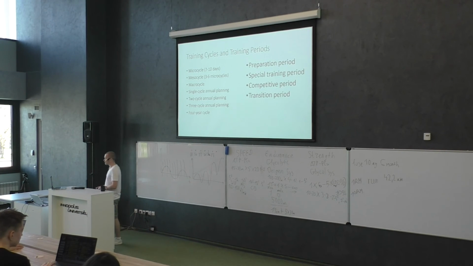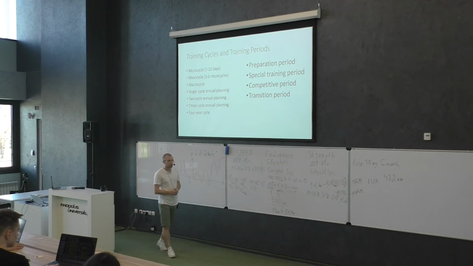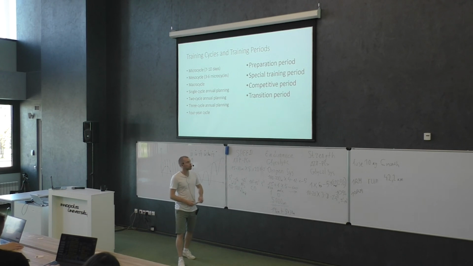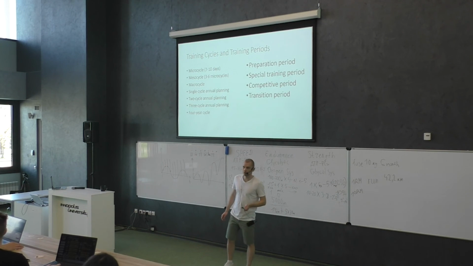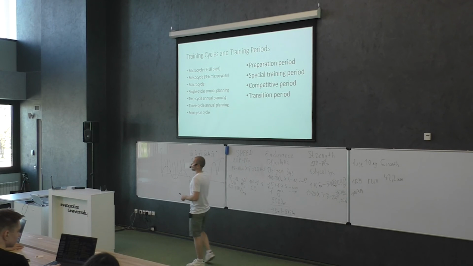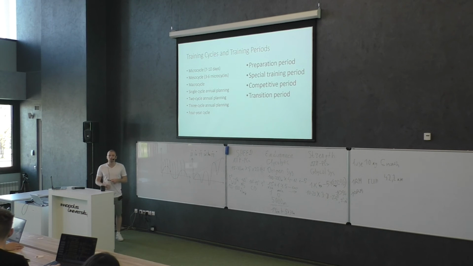The preparation period is needed to prepare your cardiovascular system, your heart, for the training in the special training period. The special training period is the tougher training period before the competitive period, and you need to prepare your body for this work.